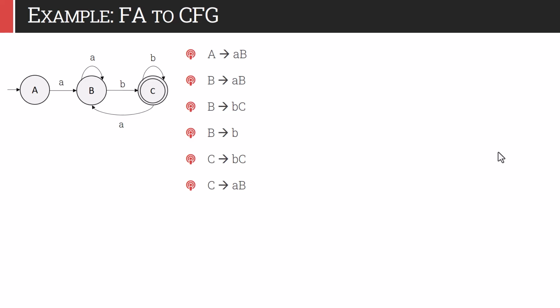And on reading b, it is going to the final state. So whenever any transition leads to a final state, we add the production C gives the symbol which leads to the final state, that is b. So this set of productions is for the given FA.